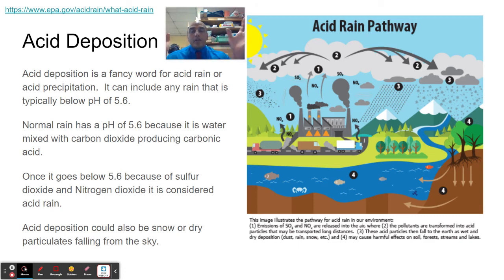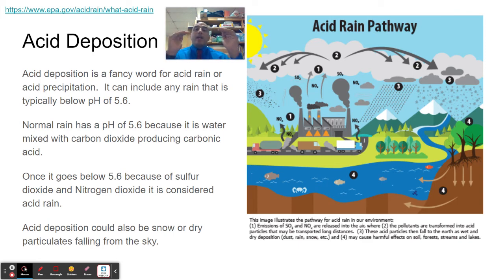Now, typical rain has a pH that is slightly acidic, but it's not considered acid rain until it falls below 5.6. The reason is that H2O and CO2 make carbonic acid. So typically rain is going to be slightly acidic.